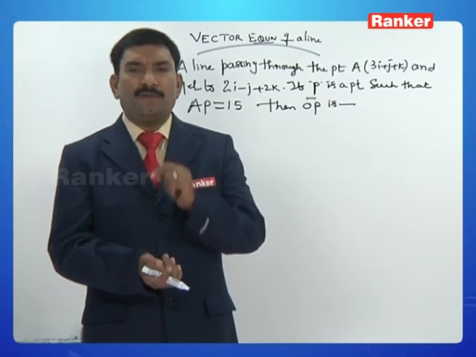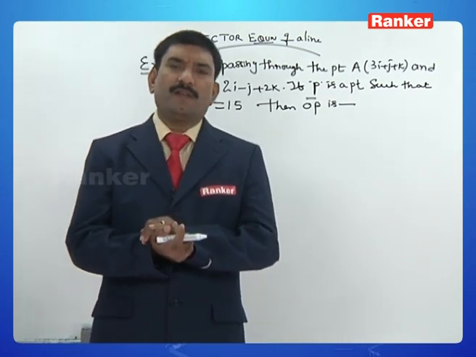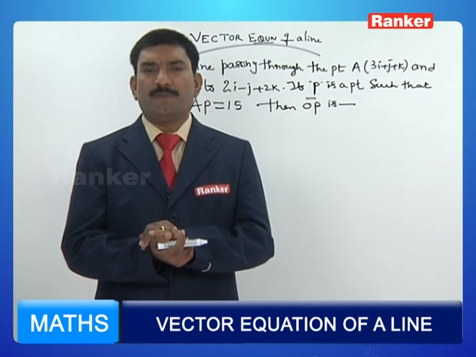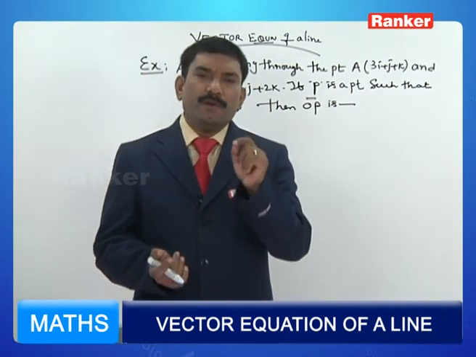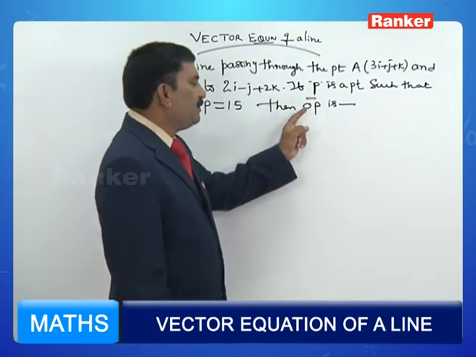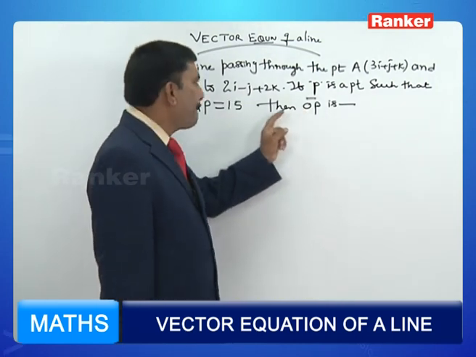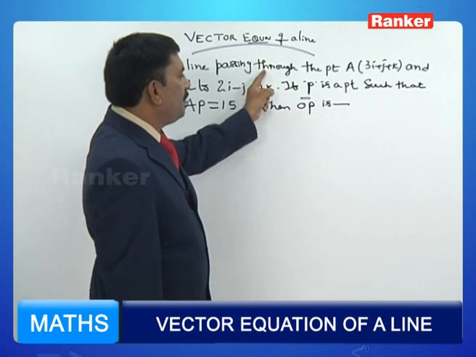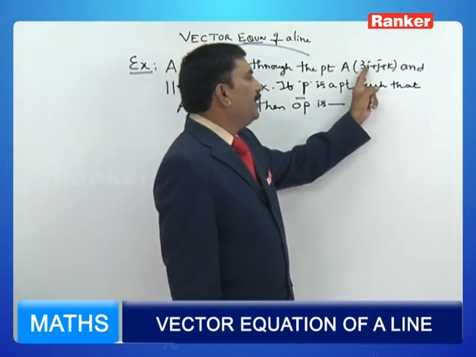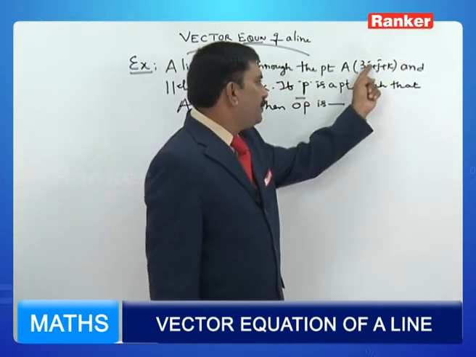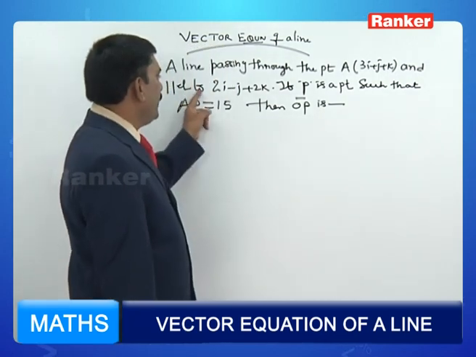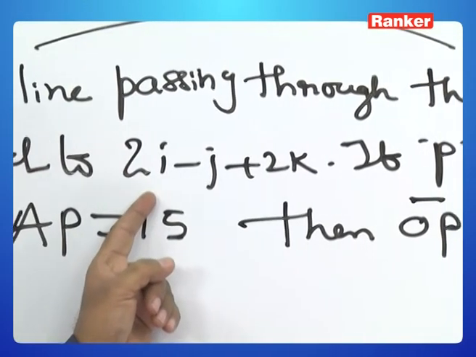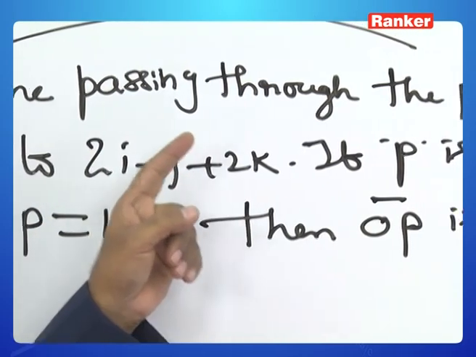Now I want to find out, with the application of the vector equation of a straight line passing through the point A bar and parallel to vector B bar, the position vector of a point P. A line passes through the point A with position vector 3i plus j plus k, and is parallel to the vector 2i minus j plus 2k.